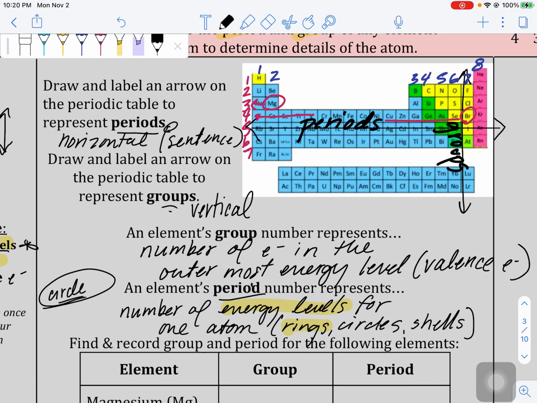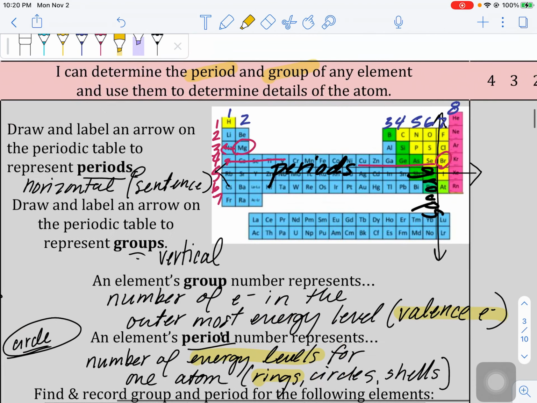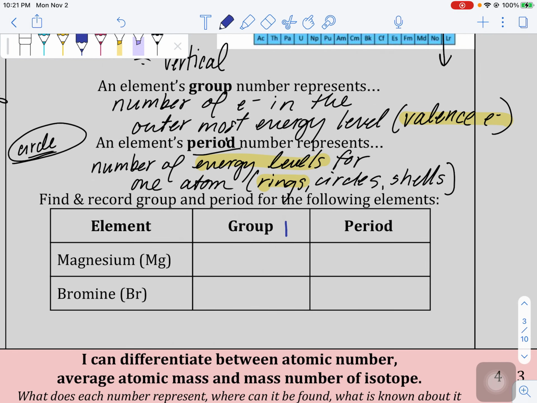Those are known as valence electrons, our other must-use word from the list. So again, if I'm looking at an example like silicon, I know it has 4 valence electrons, or chlorine would have 7 valence electrons.